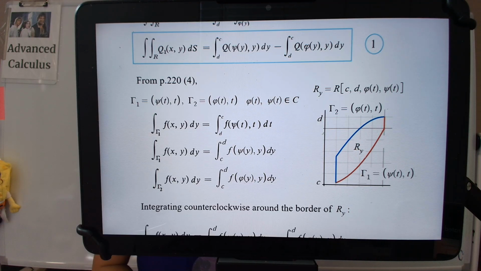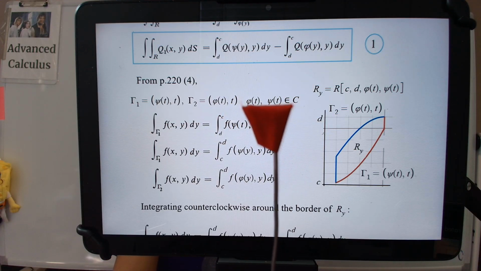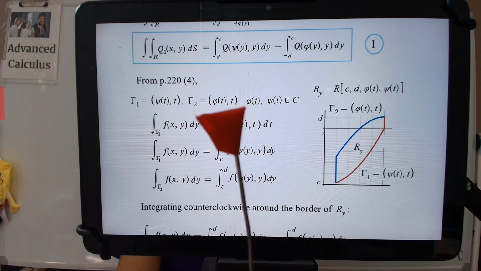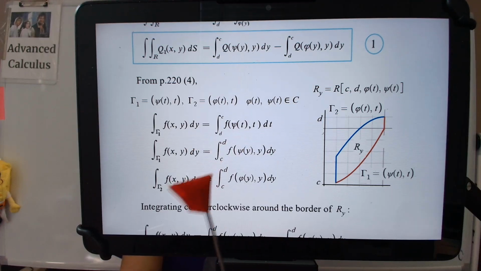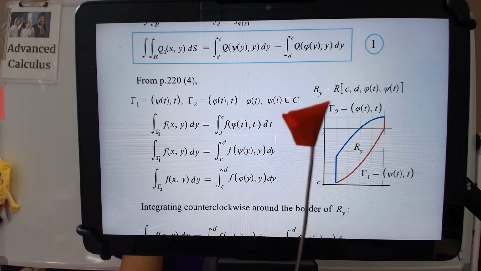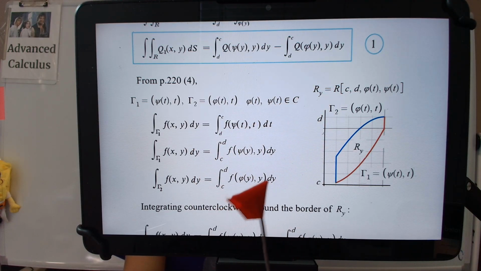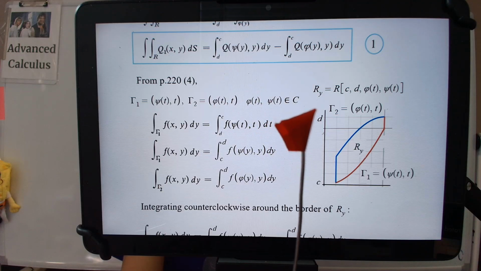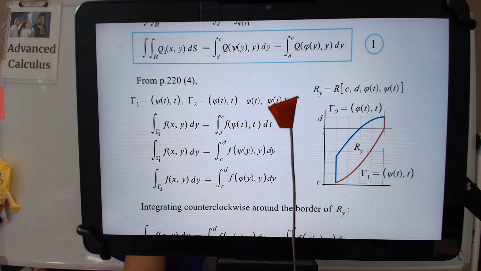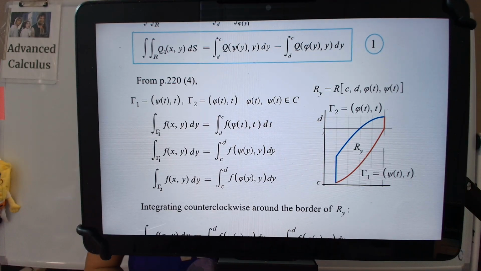That's because the function here, tau 2 will be called phi of t, and the reason is that phi of t now only has to be continuous. See, it says right here, continuous only. It doesn't have to be differentiable.